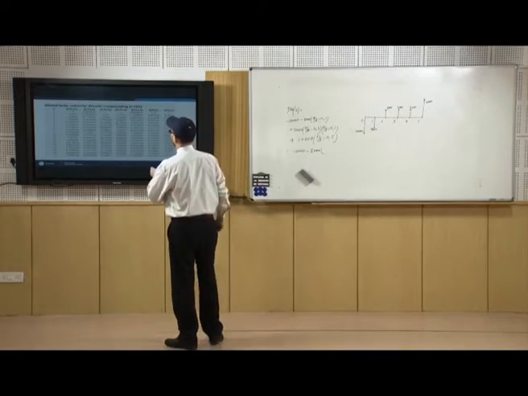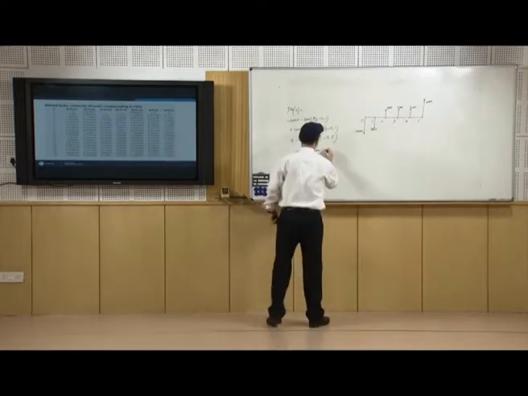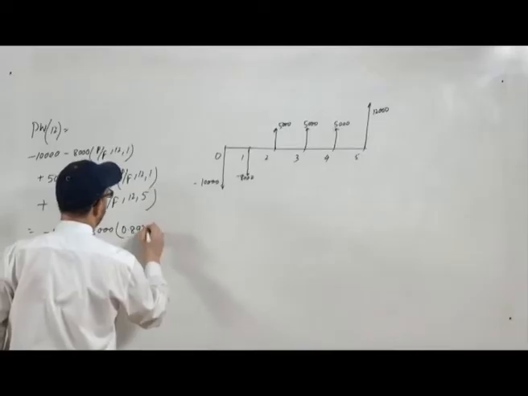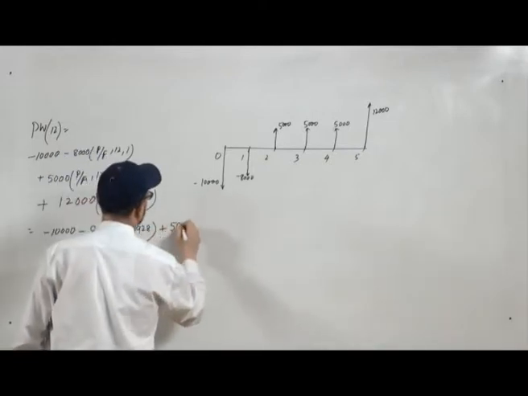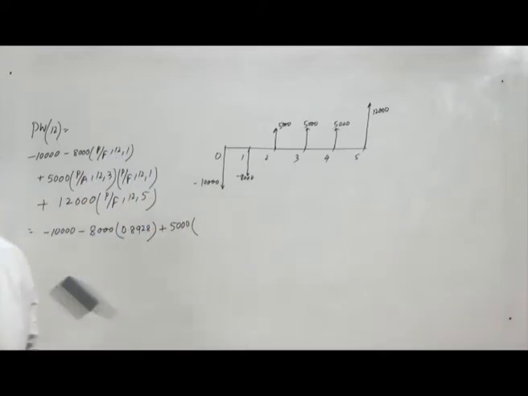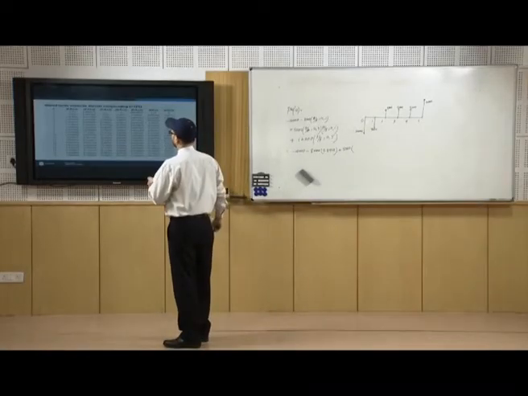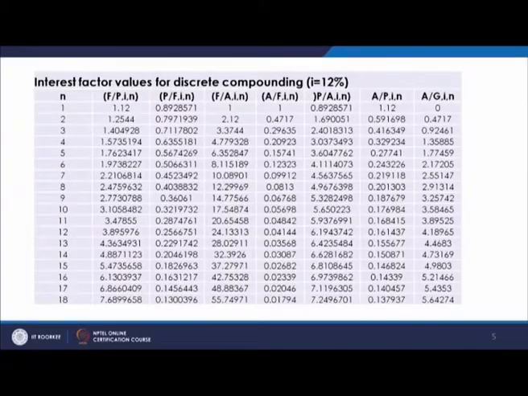So, P by F 12 1 is 0.8928 plus 5,000 P by A 12 3. So, P by A 12 3 is, no, it is 2.4018.